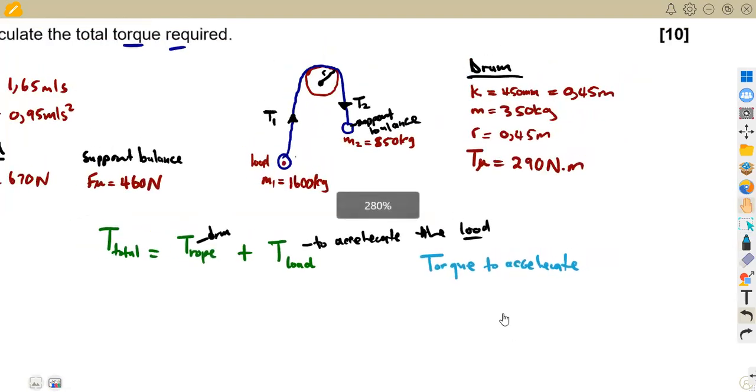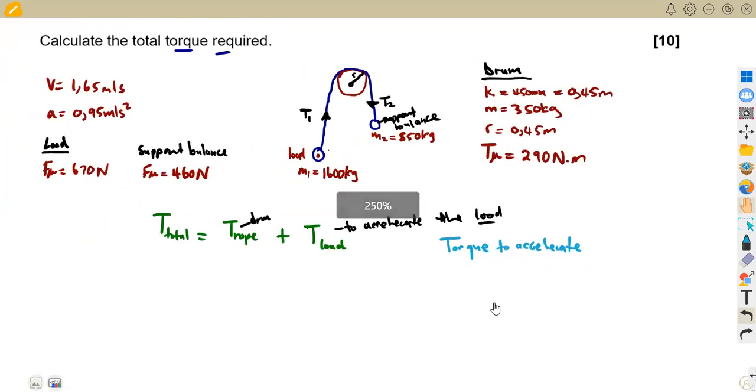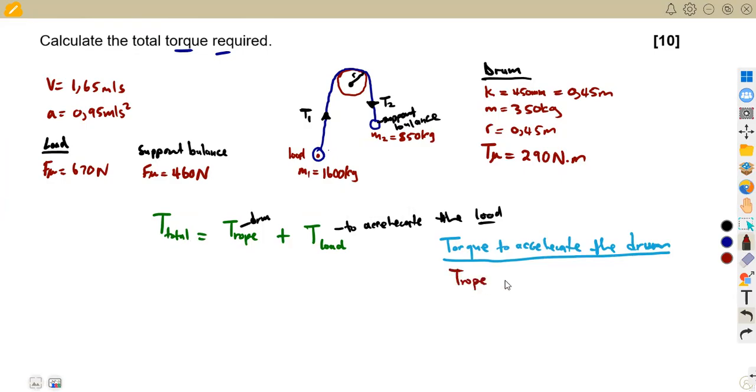What is going to be the torque to accelerate the drum? That is the one that I wrote here as T rope. The torque to accelerate the drum is given by the moment of inertia times the angular acceleration, plus the torque against resistance, which is the frictional torque of the drum.